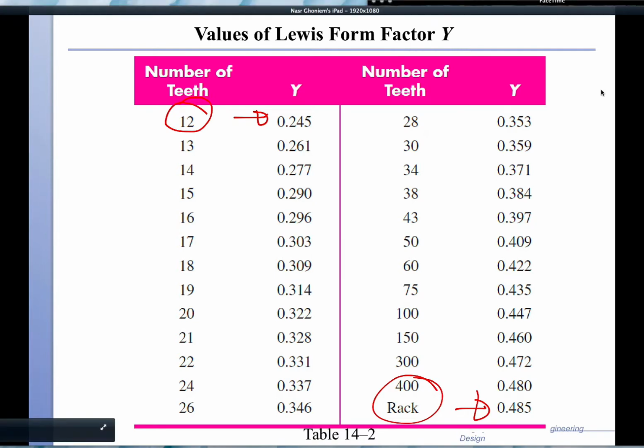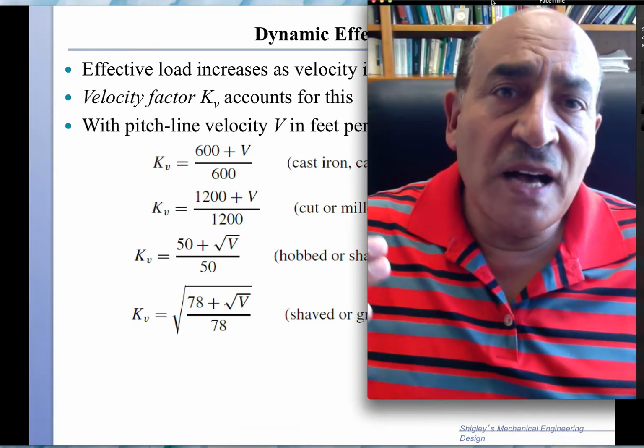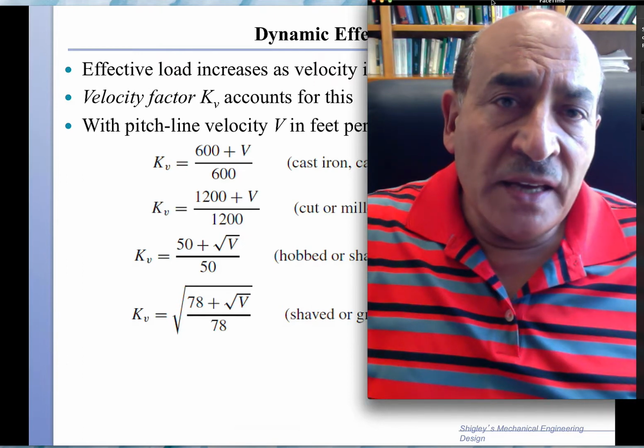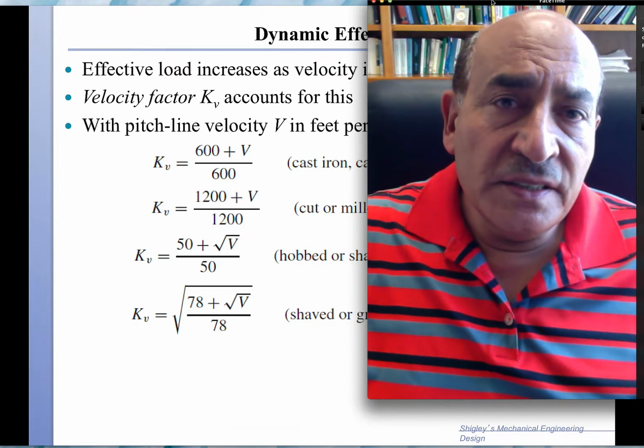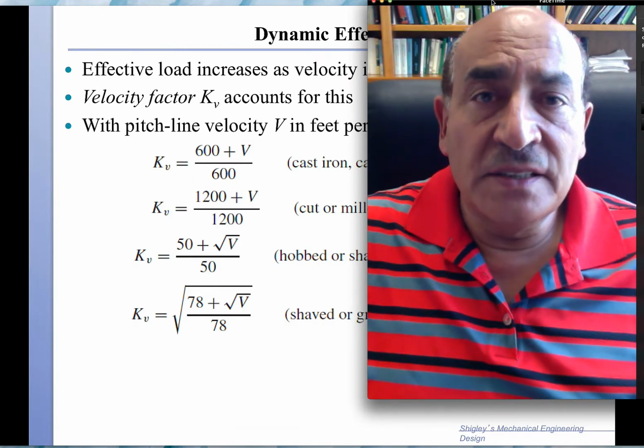Now, this situation is for static loading. However, if we have dynamic effects, which are related to how fast we apply the loading, it depends critically on the pitch line velocity, V, in feet per minute.